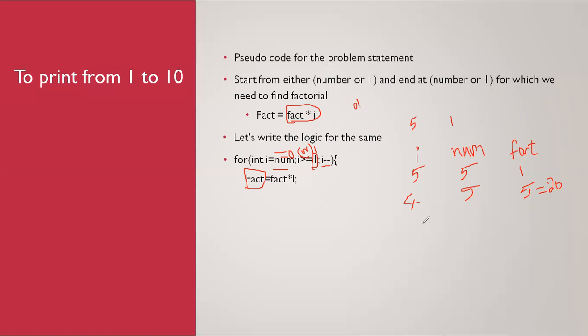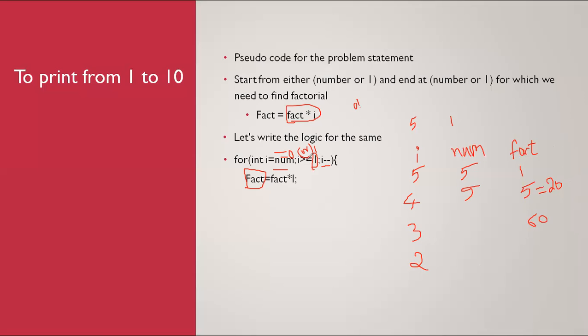Now, the next step is that I will get decremented. Now it is 3. 3 is greater than or equal to 1. Yes, the condition is true. It will go inside. So fact equals fact into I. What is the fact value now? 20. 20 threes are 60. So it will be 60 now. And then I value will get decremented, that is 2. 2 is greater than or equal to 1.